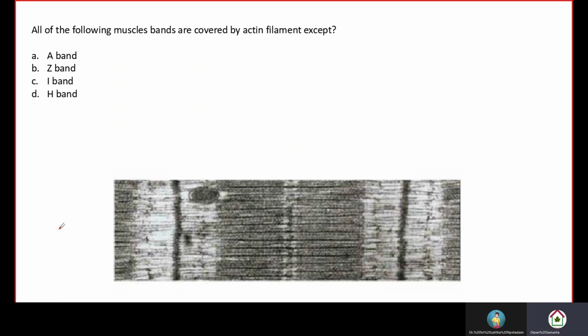So all of the following muscle bands covered by actin filament, except. Muscle bands that are covered by actin filaments are A bands. Yes, A bands cover the actin filament. Z band covers the actin filament. I band also covers the actin filament, but not H band. So H band will be the answer.